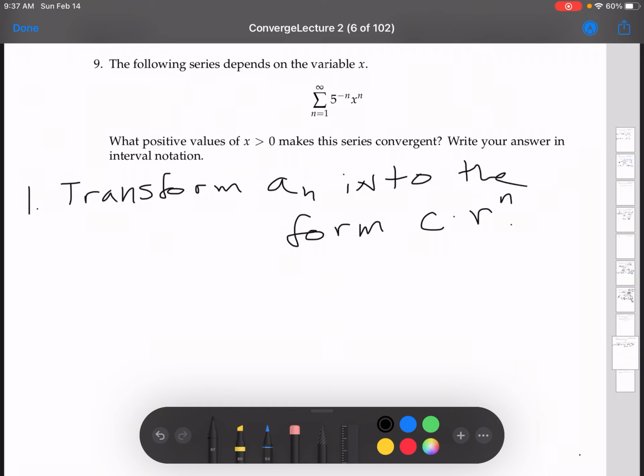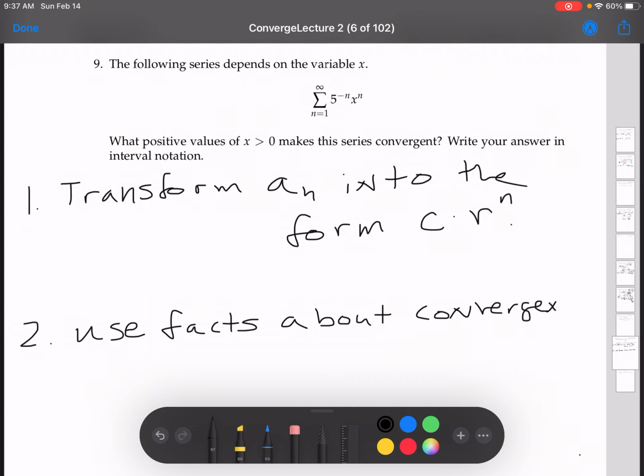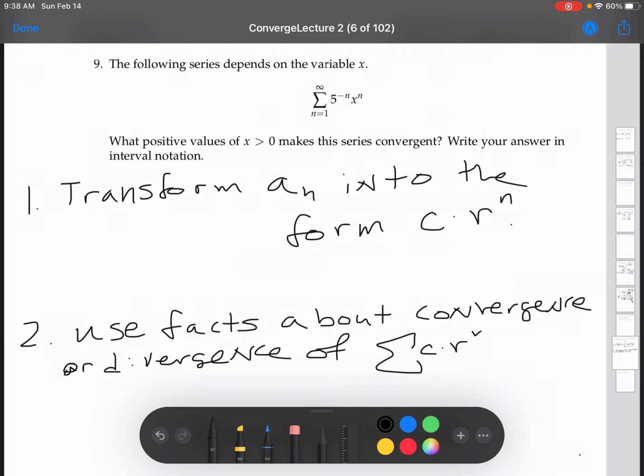And step 2, use facts about the convergence or divergence of geometric series. It's a series of the form c times r to the n.